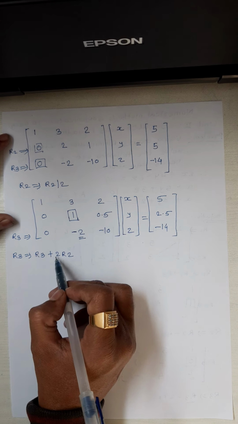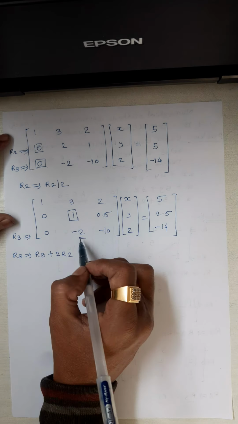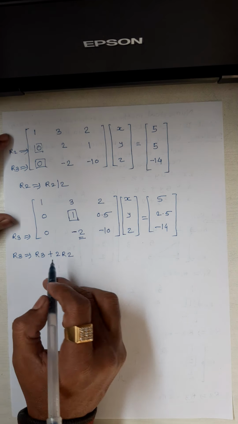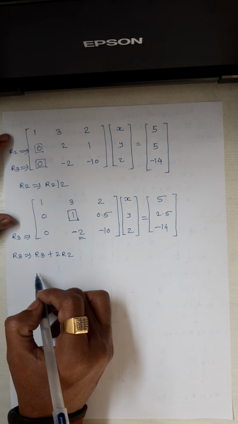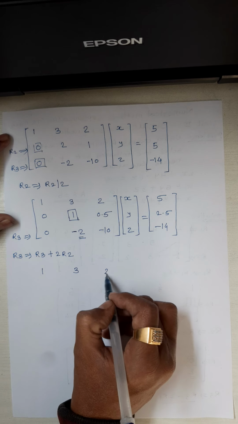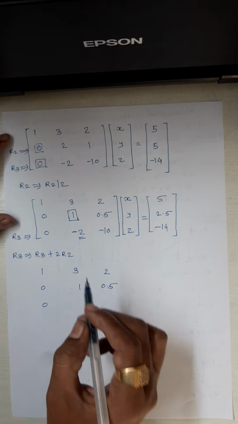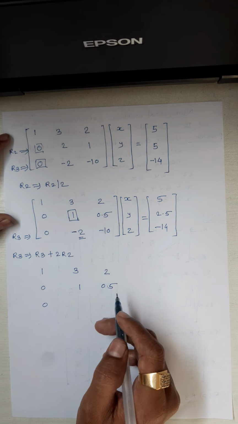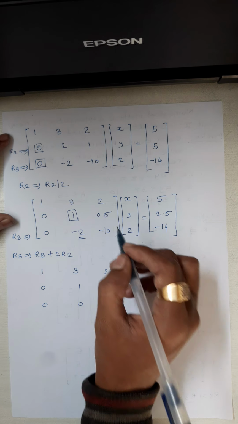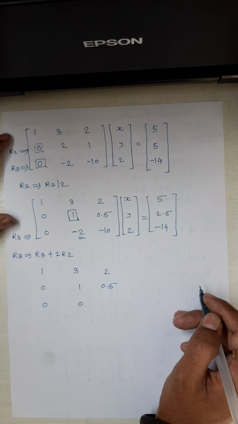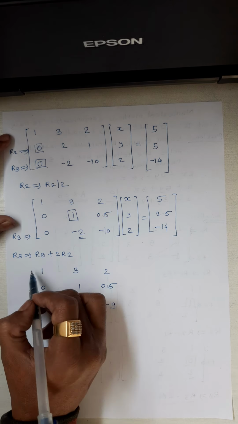This minus 2 plus 2 into R2 is 1, means here we will get the answer as 0. So perform this operation R3 plus 2R2. So 1 3 2, 0 1 0.5. Here 0 plus 2R2 means 0 plus 0 is 0, minus 2 plus 2 is 0, minus 10 plus 2 into 0.5, that is equal to minus 9.